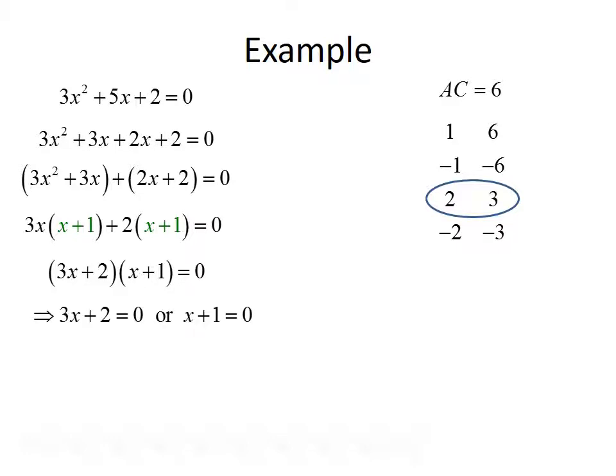We set each of those factors equal to 0 using the zero product property, so 3x plus 2 equals 0, or x plus 1 equals 0, and then we solve for x on each of these equations. That'll lead us to x equals negative 2/3, or x equals negative 1. The final step would be to plug these in to our original equation to check and make sure that they are indeed solutions.